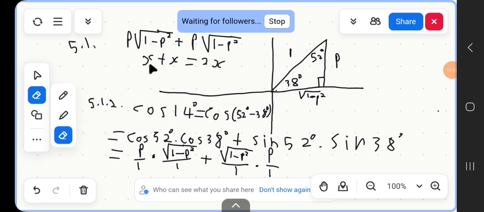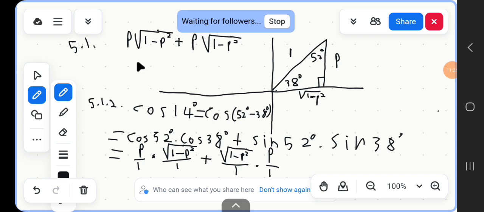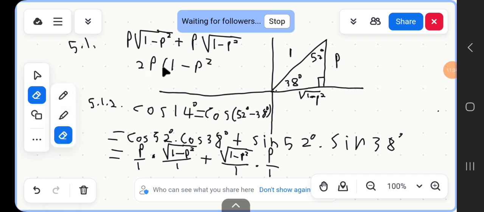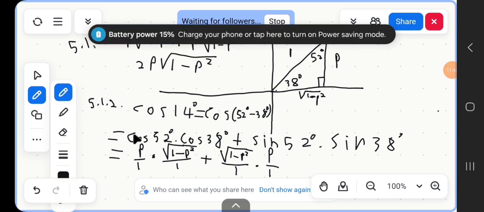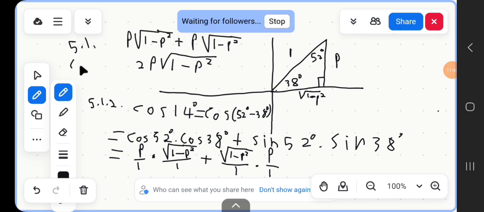With that very same principle, we now say 2p square root of 1 minus p squared. Sorry, there's a square root there. So we basically just write this, and then we are done. We got our cos 14. So cos 14 degrees is equal to this, and we are done with 5.1.2.